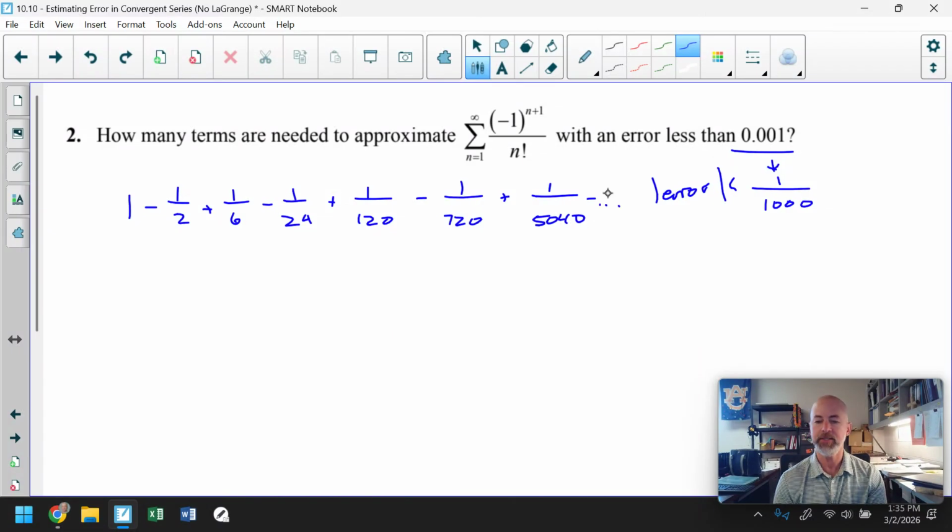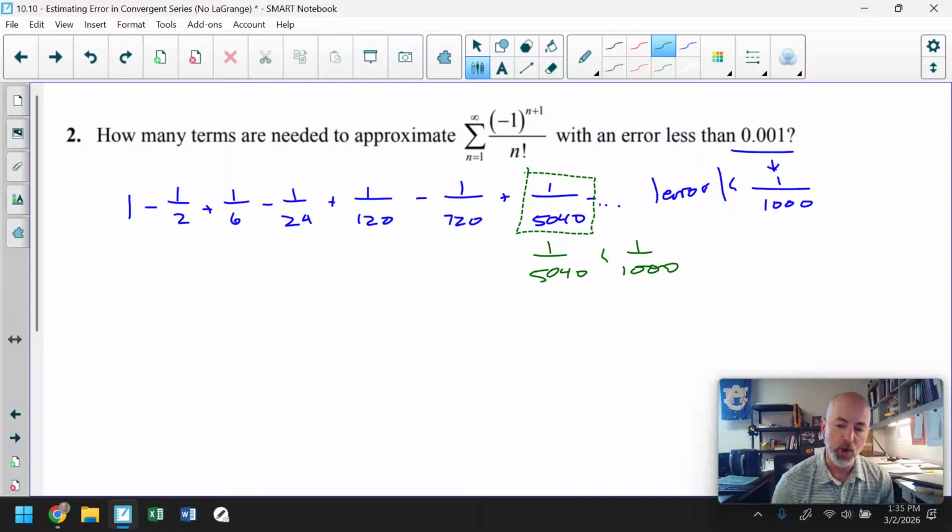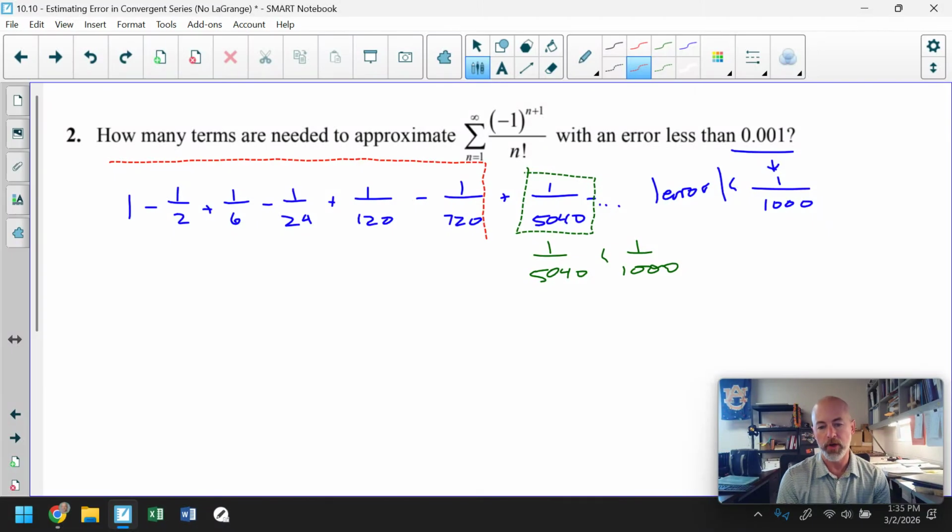And it does continue, but right there, I have my term. That is my first term in this series that is actually less than 1 over 1,000. But remember, that's your first omitted term. We don't include that. So we actually are going to find the sum of everything up to that 1 over 720, and that is 1, 2, 3, 4, 5, 6 terms needed.